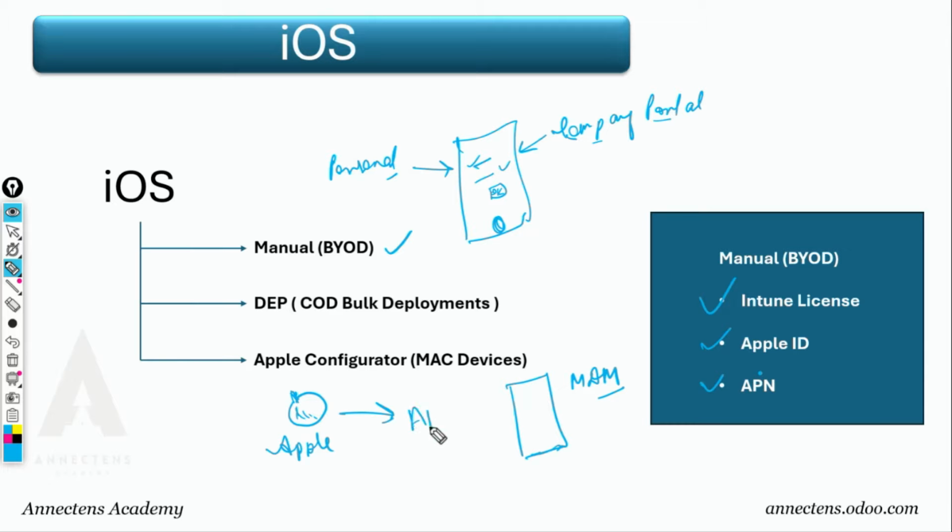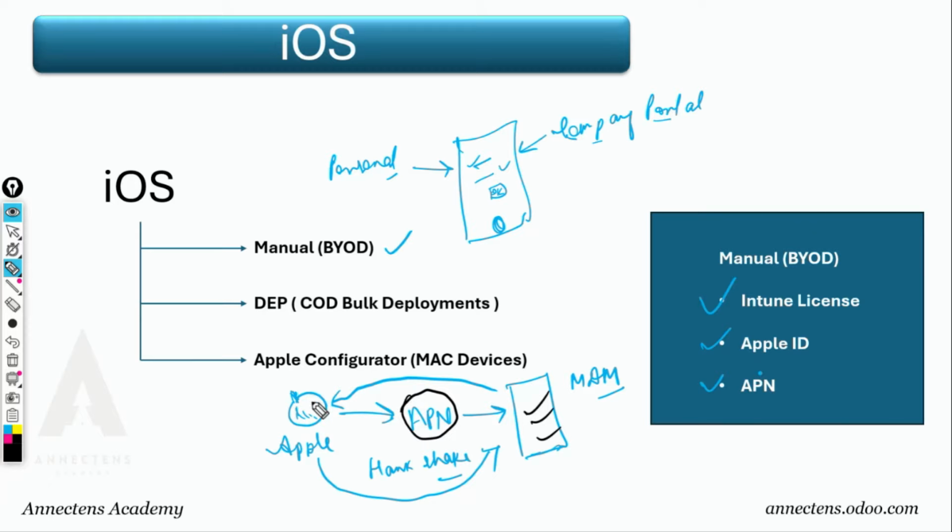For that they require a middleman, named Apple Push Notification. We need to exchange a certificate from Apple to the MDM solution, and then the MDM solution will share another certificate to them. That way they will have a handshake. That handshake will ensure that this Apple Push Notification is now ready to accept any policies being pushed by MDM to Apple devices.